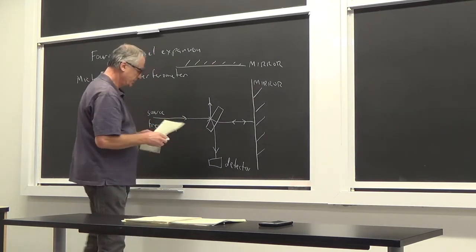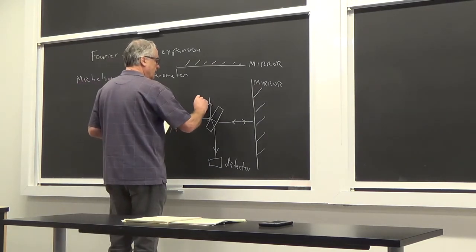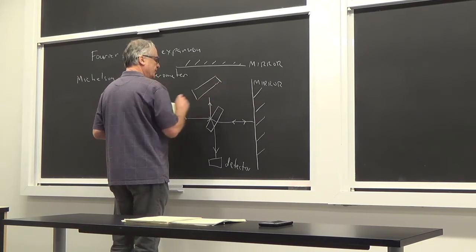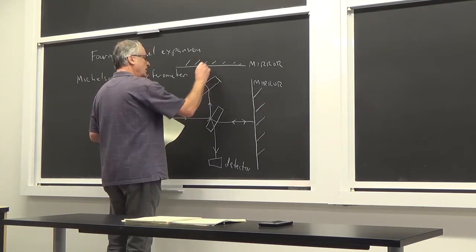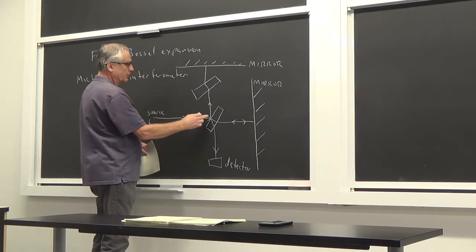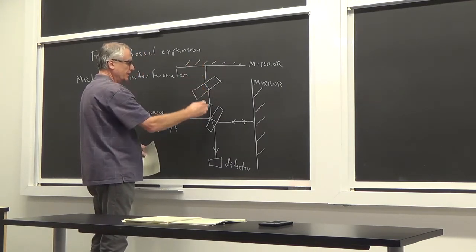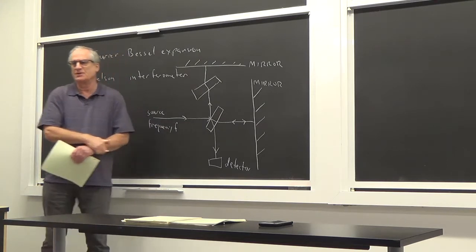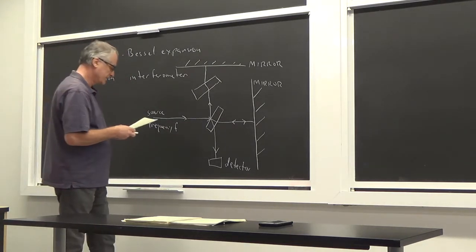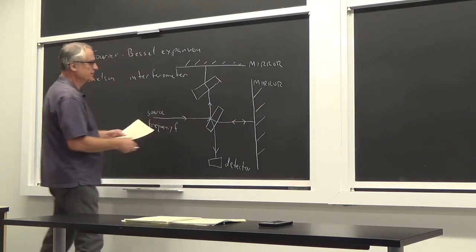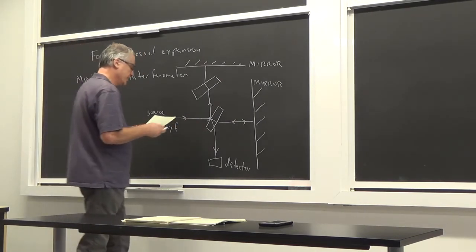So we just put another chunk of glass here, such that it will go through once, twice, 3 times. So it goes through a piece of glass 3 times as well. So both beams go through the same amount of glass, or quartz, or whatever it is that the stuff's made out of, plastic.